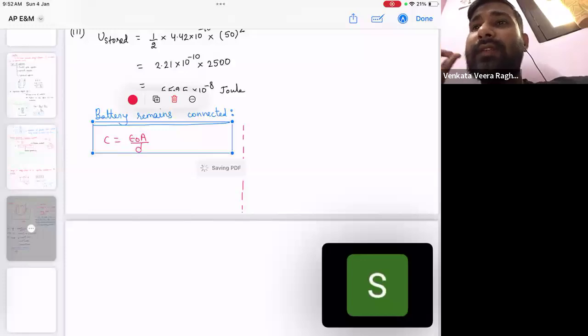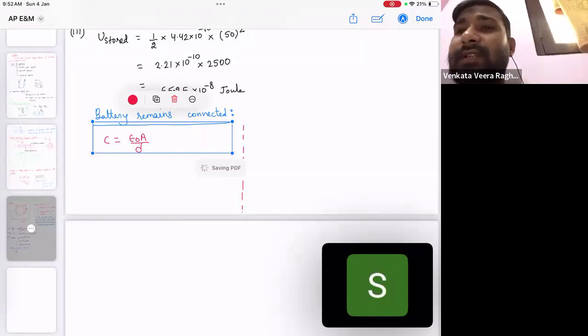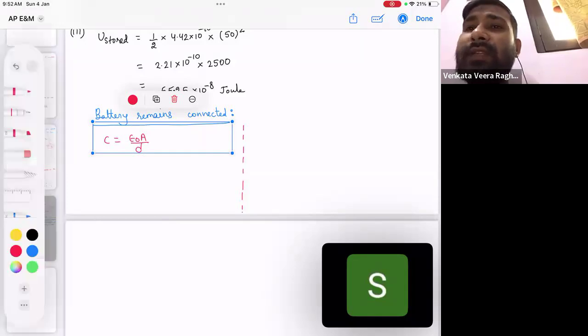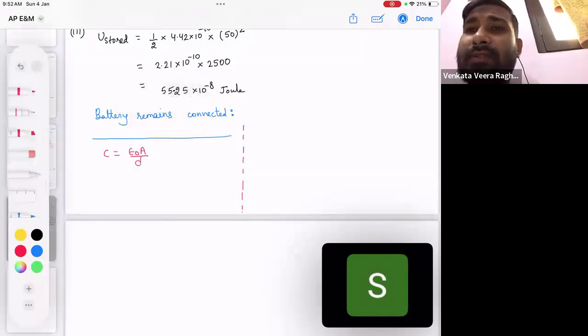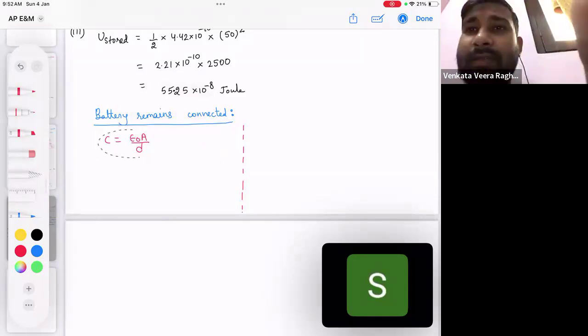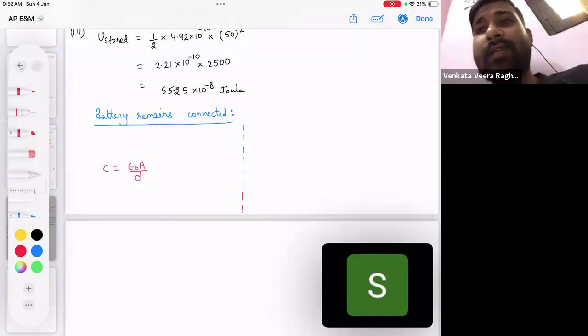Did it increase? Did it decrease? Does it remain the same or not? So these things we are going to plot. The battery remains connected. That is the one condition we have here in the question. That battery is still connected.